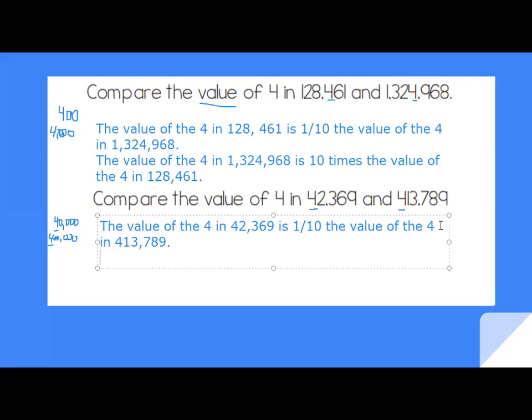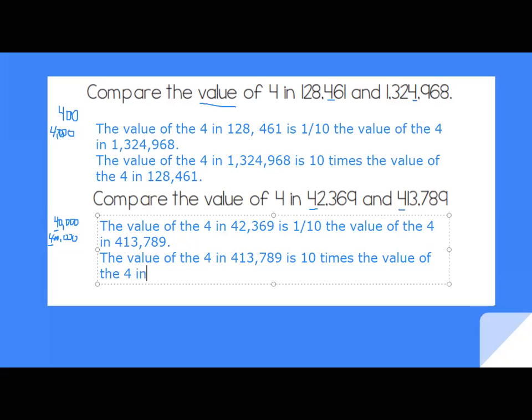Or if we compare the larger value, we could say that the value of the 4 in 413,789 is 10 times the value of the 4 in 42,369. So if we're comparing the smaller value to the larger value, that's when we say it's 1/10 the value. And if we're comparing the larger value to the smaller value, it is 10 times the value of that number.